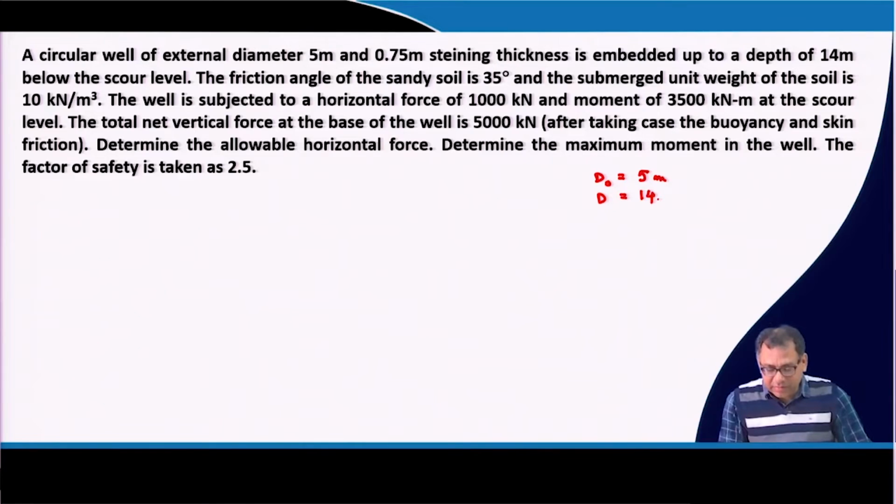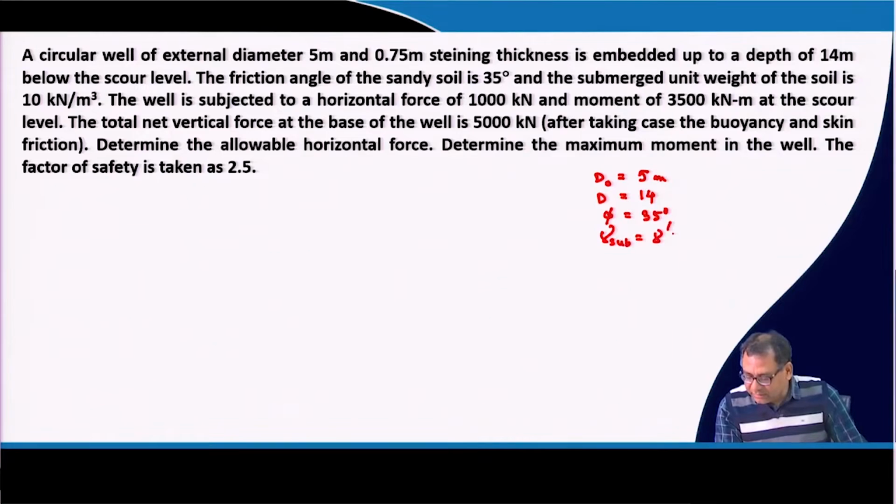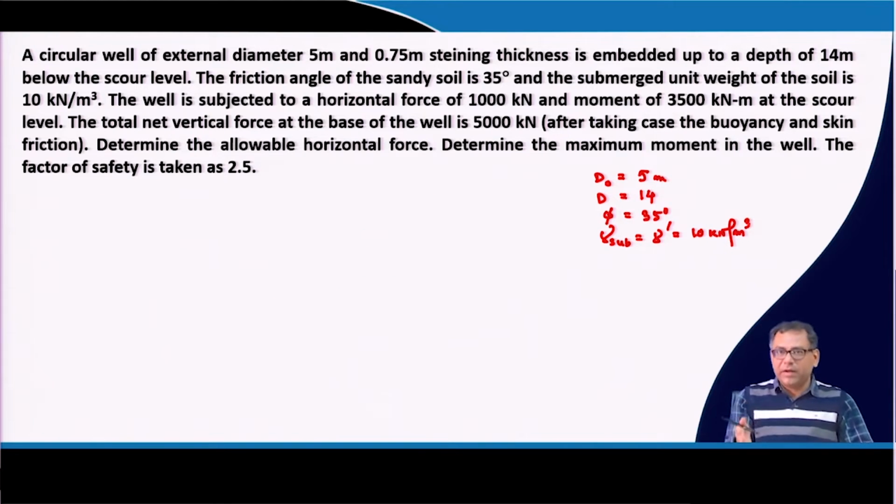Now, the friction angle phi is 35 degree and the submerged unit weight, gamma dash, is 10 kilonewton per meter cube, because here you have to use submerged weight since the water level is above this soil level.